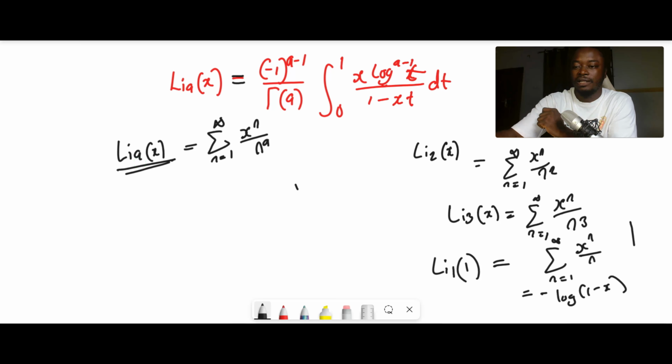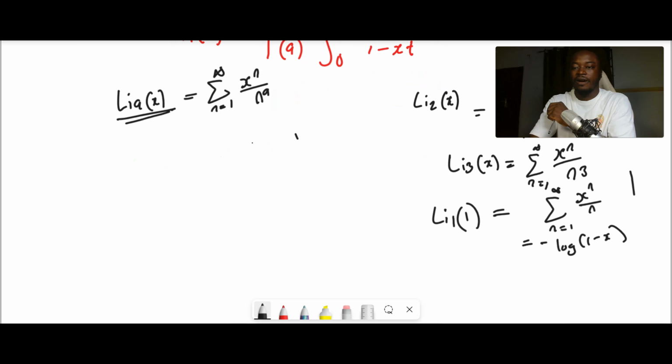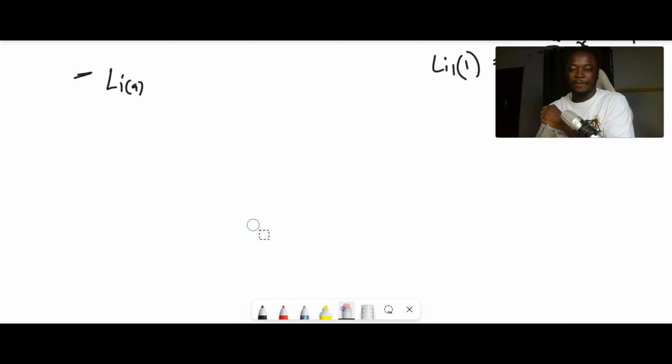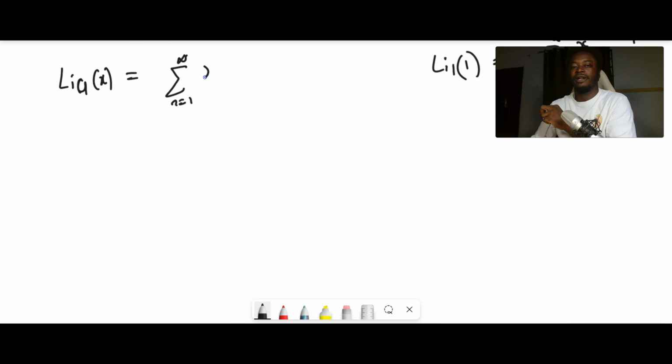Well, we're going to start straight up from the definition of the polylogarithm. The polylogarithm of x is defined to be the sum as n runs from 1 to infinity of x to the n over n to the a.